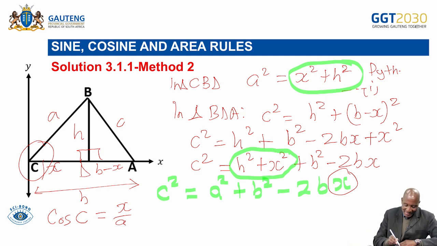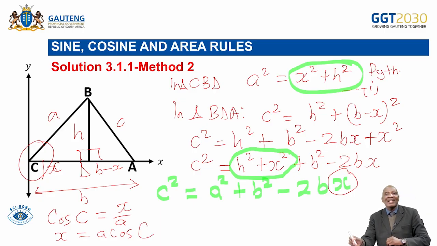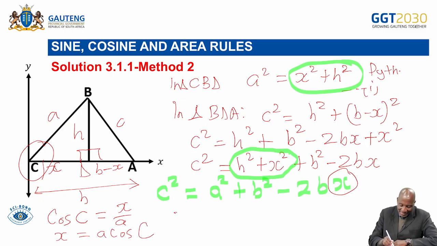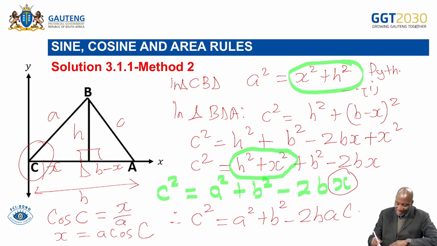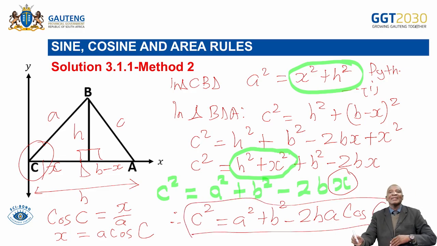Then you solve for x. Therefore, x equals a cos of C, like in the previous approach. That implies, therefore, our c squared equals a squared plus b squared minus 2b. Stop, replace x and put a cos of big C. There goes your formula again.